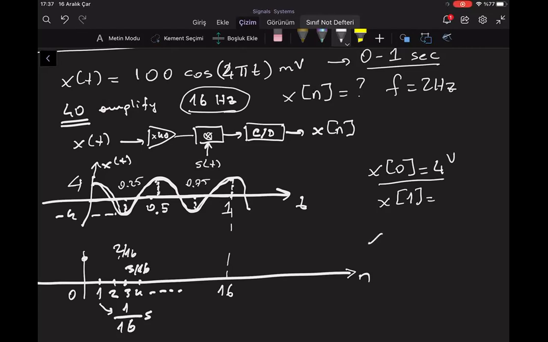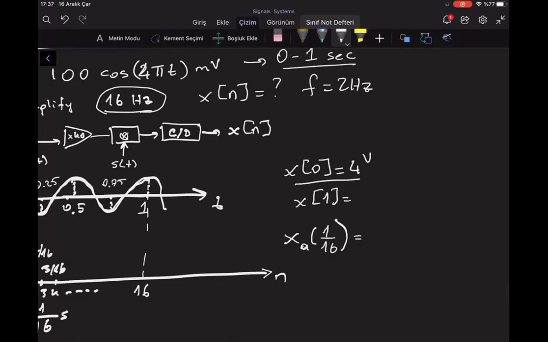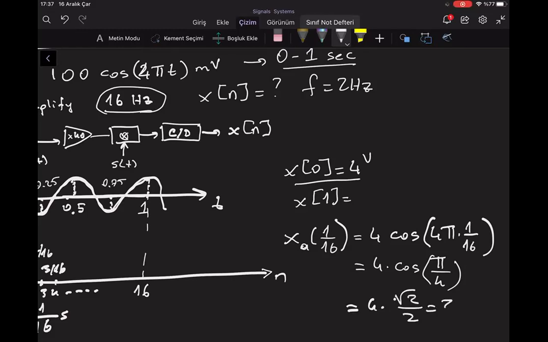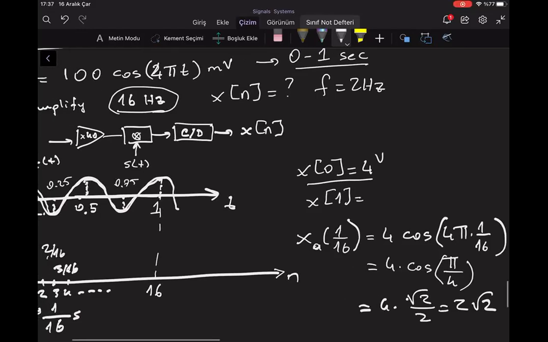If I write x a of t, amplified, at 1 over 16, can I find the value? 4 times cosine 4 pi times 1 over 16. I can say 4 times cosine pi over 4, which is 4 times root 2 over 2, 2 root 2. Is this correct, arkadaşlar? So what is x1? 2 root 2 volt.